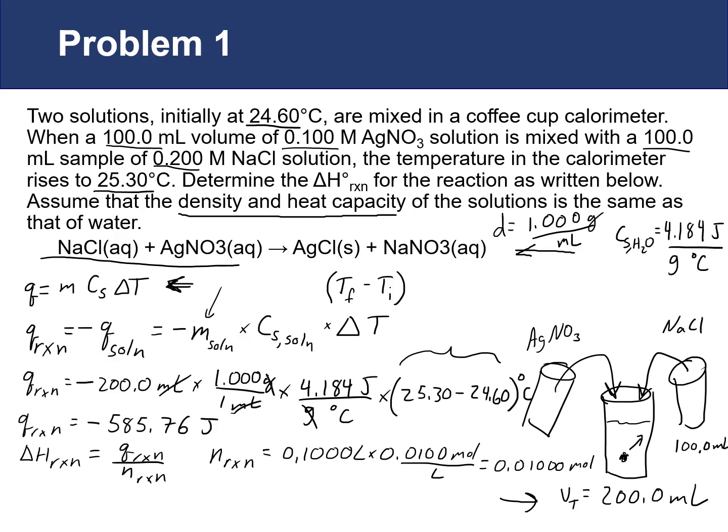Okay, so we can take our value for our Q. Our Q in this case is equal to our delta H if we divide the Q by N, because we're working under constant pressure conditions, right? In a coffee cup calorimeter, we're working at constant pressure. So our delta H reaction will be equal to negative 585.76 joules times 1 over, this is the same as dividing, by 0.0100 moles of reaction.